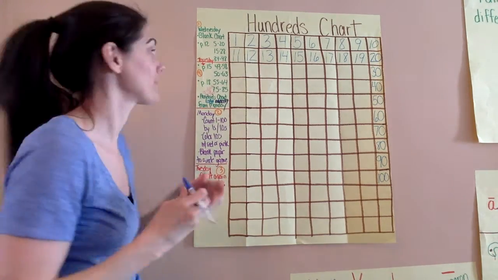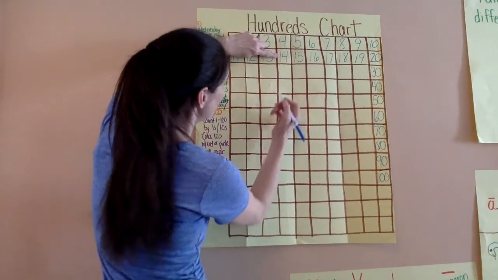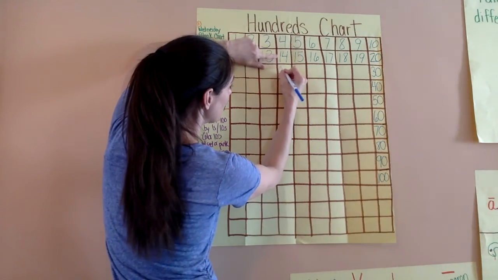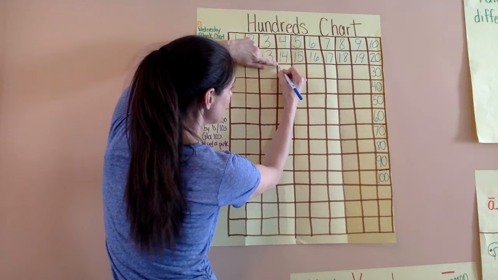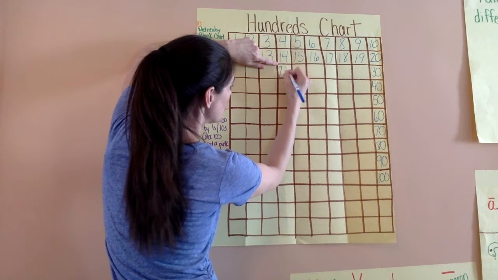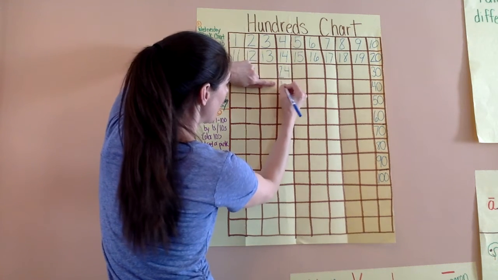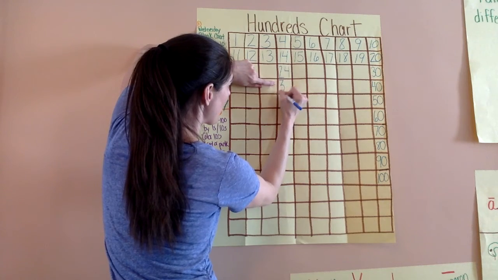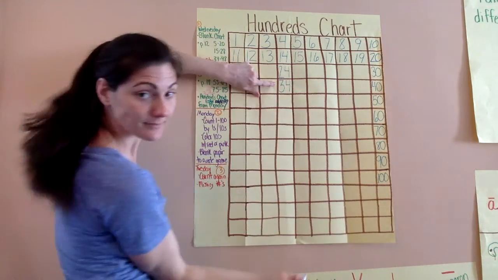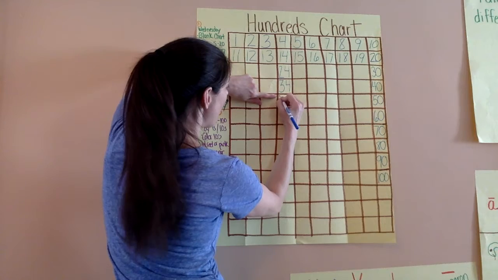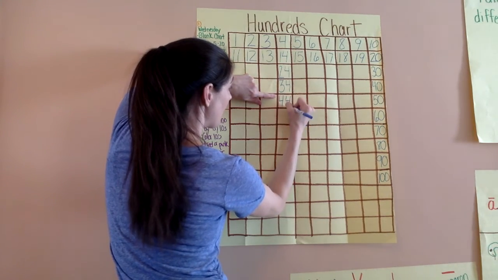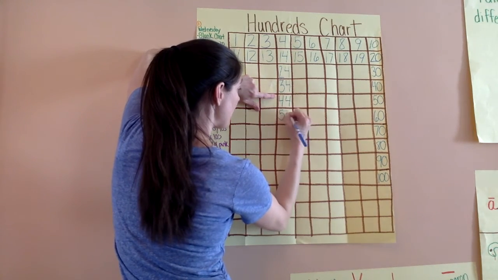Now watch this. I have 1. So now I have 14. Then I'm going to have 24. Then I'm going to have 34. Then I'm going to have 44. Then I'll have 54.